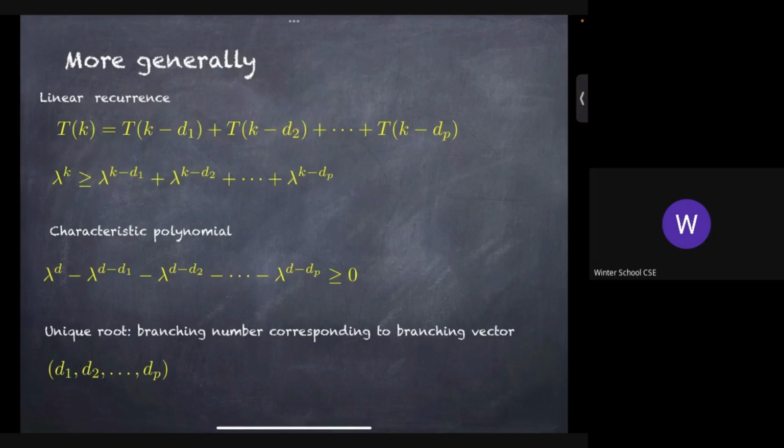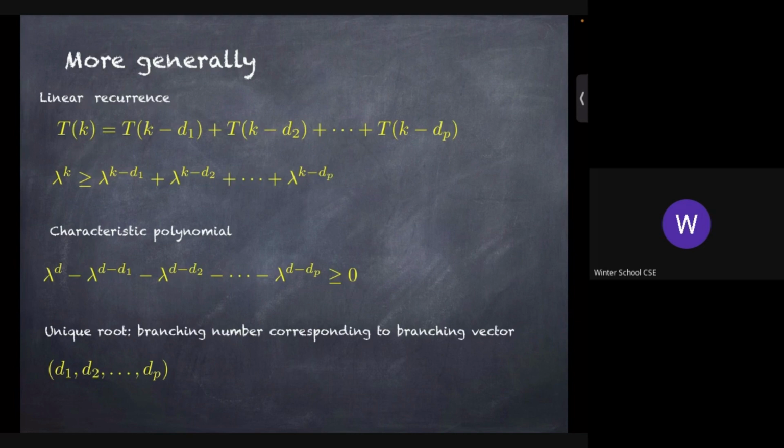But more in general, in a branching algorithm we always try to reduce the parameter, and the general linear recurrence of this type of algorithm is of this form. The solution we search for is in the form of this polynomial, which brings us to what is called the characteristic polynomial. It's also possible to show that this type of characteristic polynomial has a unique root, the branching number corresponding to the branching vector.